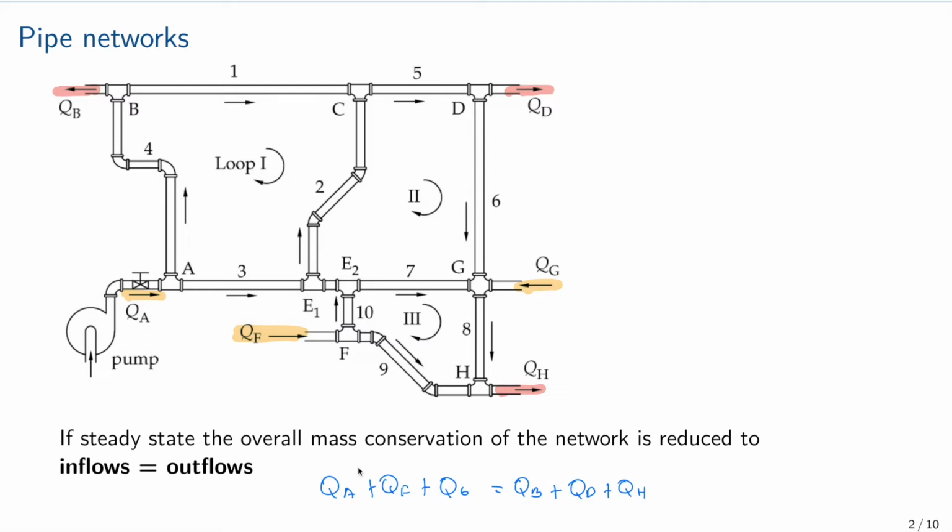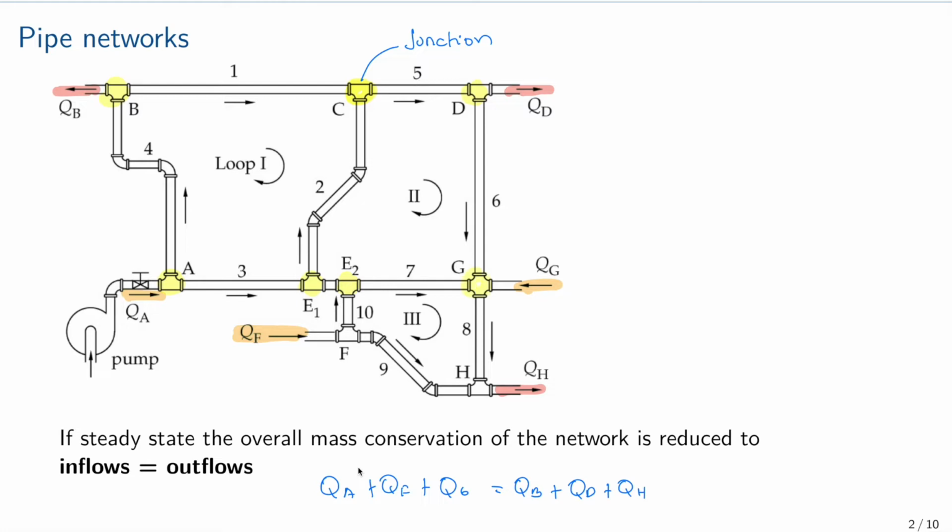So there are some points in which different pipes are converging. So these points are called a junction. And we have different junctions. So let me highlight the junction in this case. So we have A, B, C, G. We have at E, we have one, and E1 and E2.